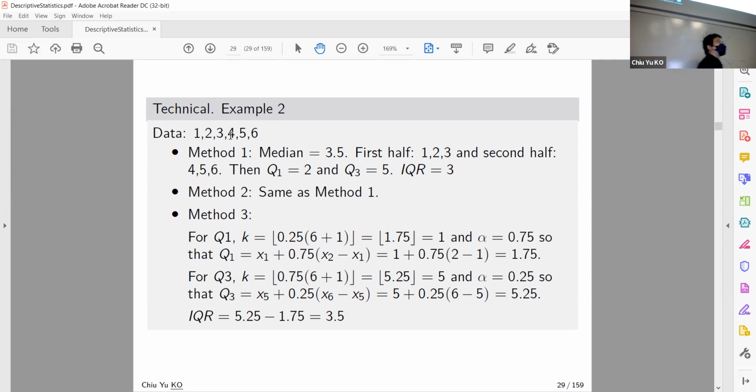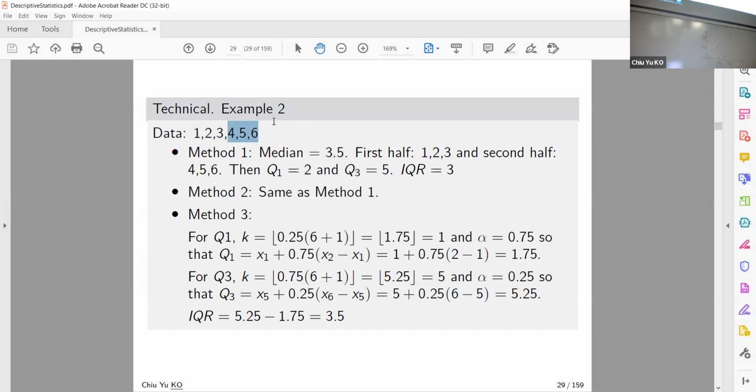In that case, these 2 methods coincide. With 1, 2, 3, 4, 5, 6, that is 6 observations, 6 plus 1 is 7, 7 divided by 2 is 3.5, and 3.5 is not exactly any number. So the median is 3.5, which is Q2, but when you calculate Q1 and Q3, method 1 and method 2 are the same, because the first half is 1, 2, 3, since 3.5 is not there. And for 4, 5, 6 it doesn't matter. So method 1 and method 2 give you the same interquartile range.